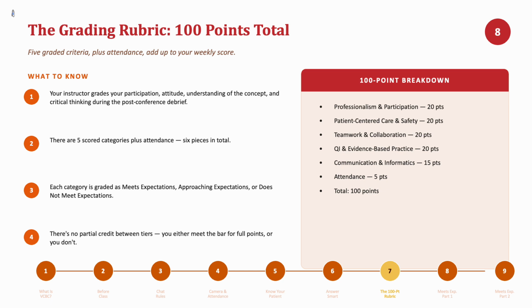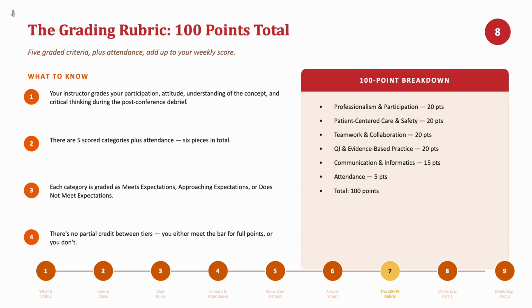Here's the full grading picture. Your instructor grades your participation, attitude, understanding of the concept, and critical thinking during the debrief, broken into 5 scored categories plus attendance: professionalism and participation, patient-centered care and safety, teamwork and collaboration, and QI and evidence-based practice are each worth 20 points.